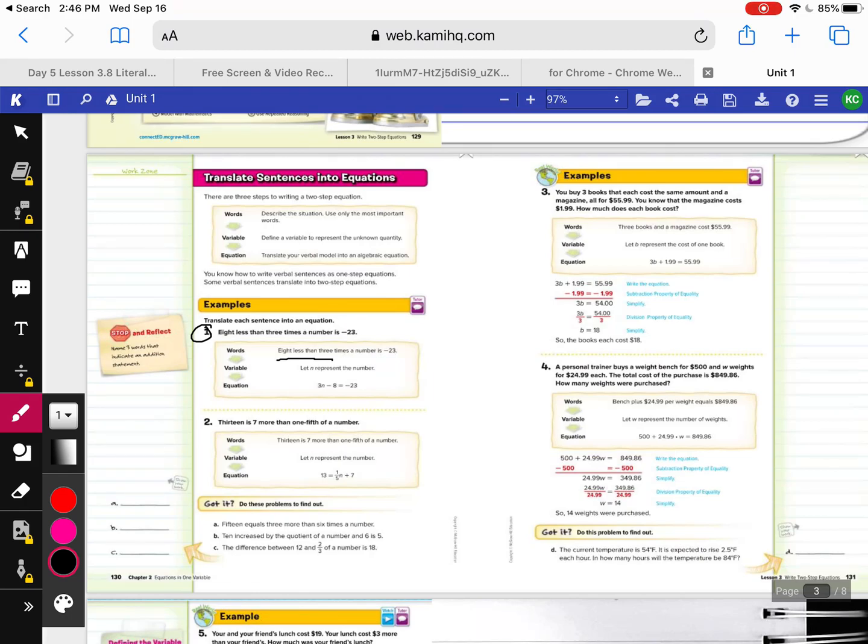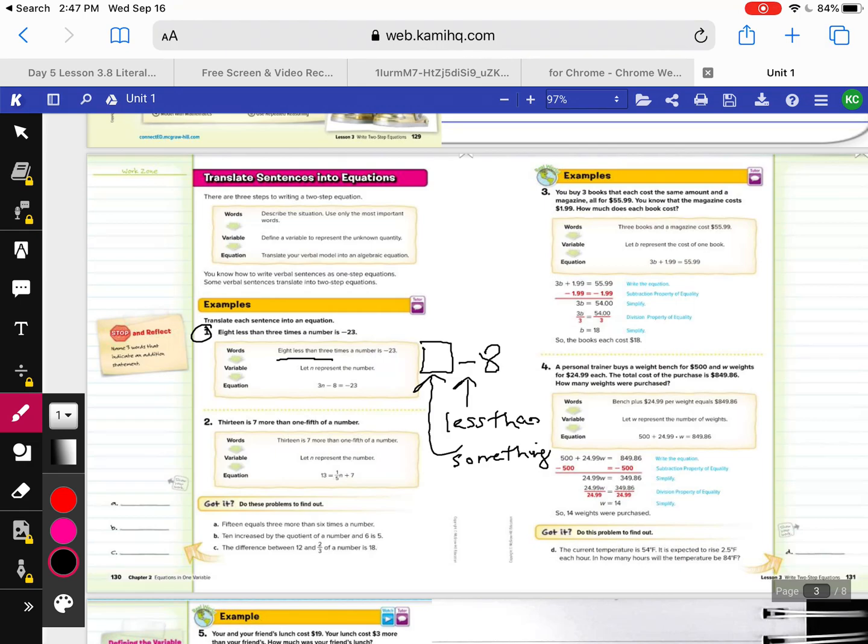If 8 is less than, I know that we're talking about subtraction, and 8 is less than something that is greater. And so we can think about that something as having to be that initial starting point.